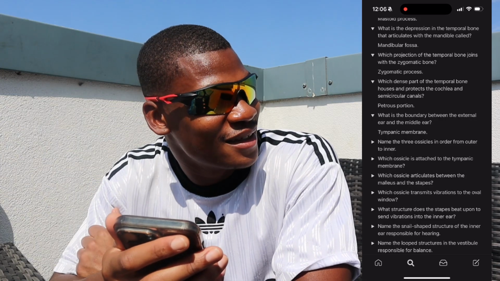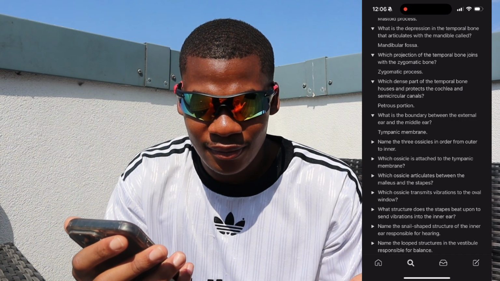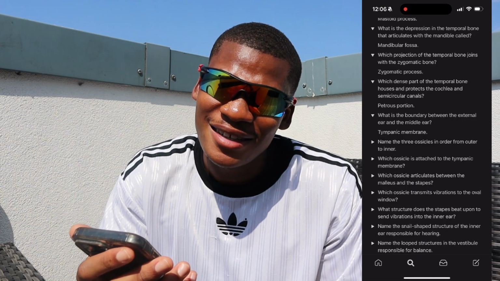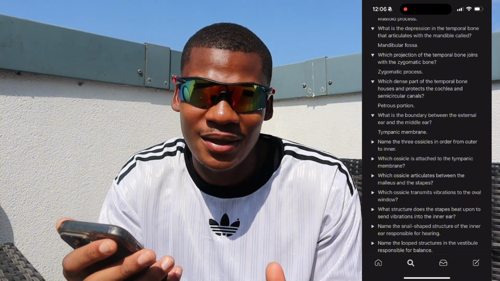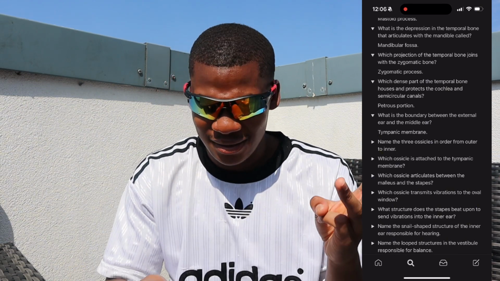Is it stapes? Stapes, and then you have your incus, I think that's the anvil shaped one. And oh no, you have your malleus. Malleus, incus, stapes.